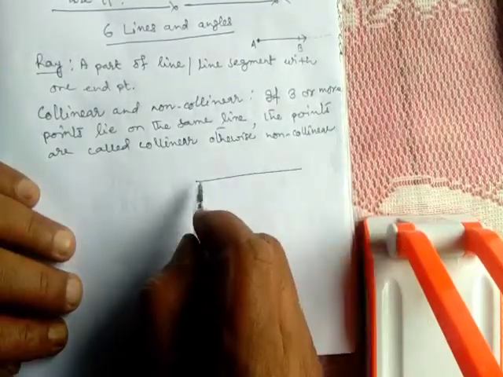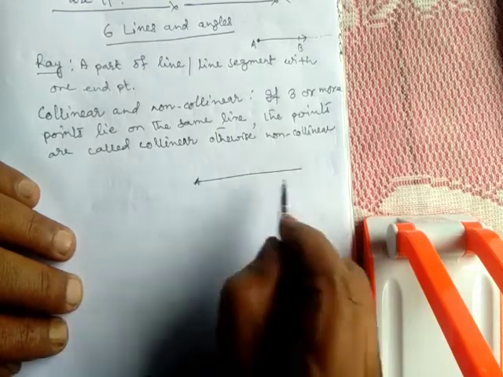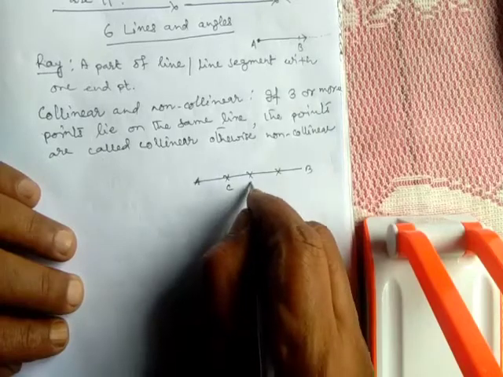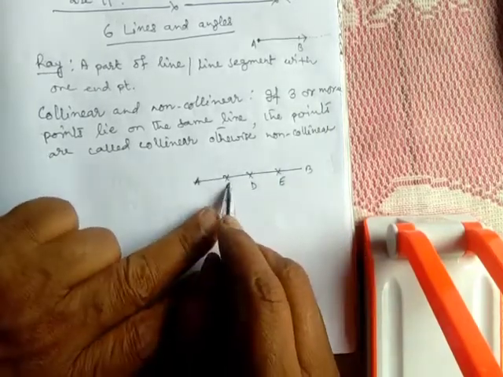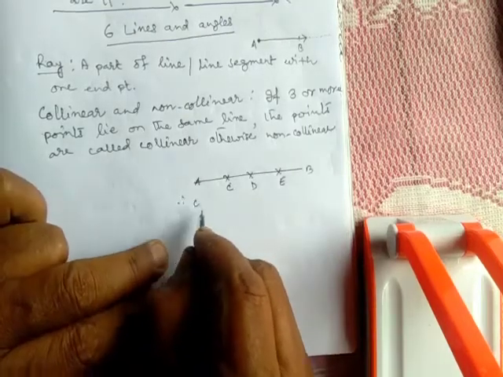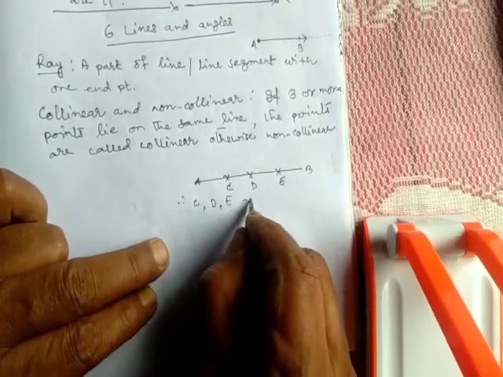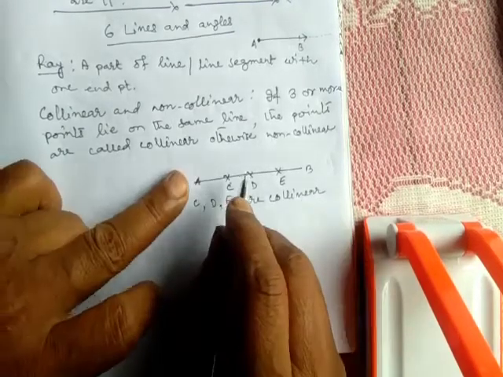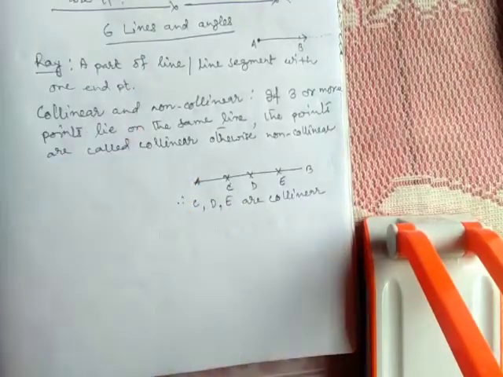See, suppose a line segment I have drawn, AB, with points C, D, E. These points are lying on the same line, therefore C, D, E are collinear because they are lying on the same straight line.